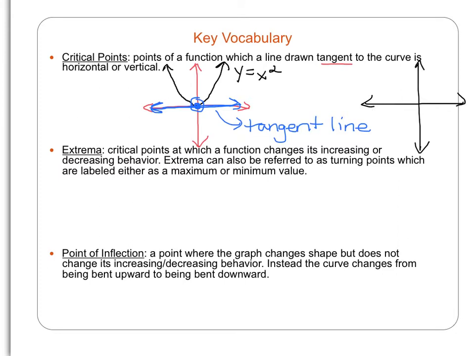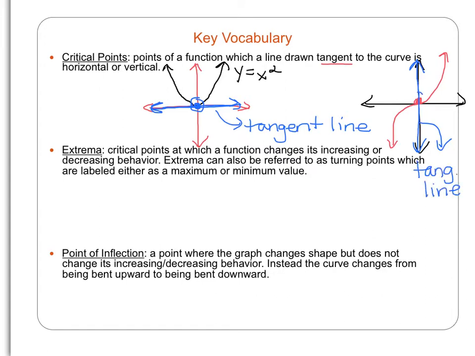is the function y equals x cubed. If I draw y equals x cubed, we have this point right here. And at that point, our tangent line could be drawn vertical. This blue line is our tangent line, and it's drawn vertical.